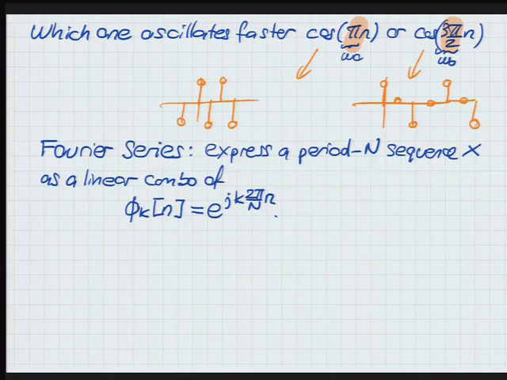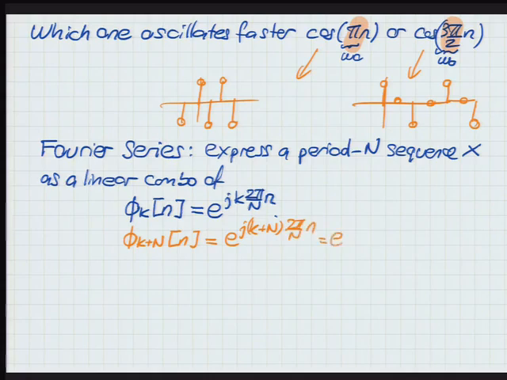They actually start repeating themselves. So in particular, if I look at phi of k plus N of little n, I can apply the same definition, k plus N. So I've just advanced the index by capital N, right? 2 pi over N times n.